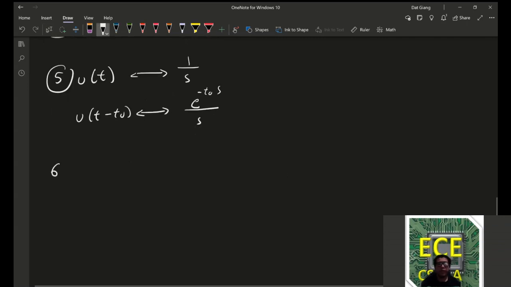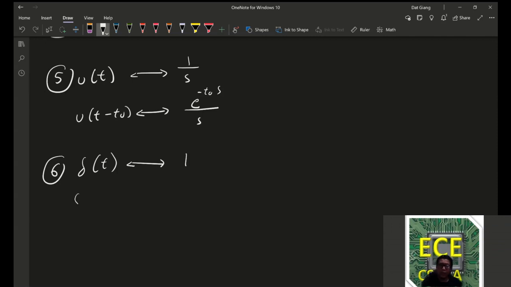6. The delta function, because we are asking for the Laplace transform of the delta function, we're asking for the area underneath the curve. And for a delta function, its area is 1. So the bidirectional arrow shows that for a delta function, we have 1.